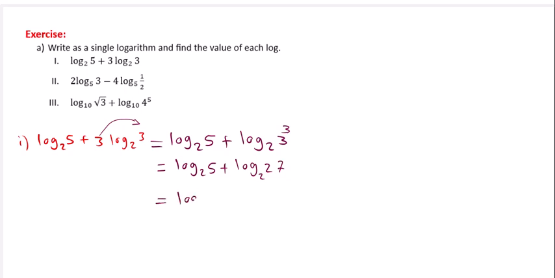It will be log to base 2, and the argument will be 5 multiplied by 27. And for this one, I need to use the calculator. So this one will be log to base 2 of 135. And let's use a calculator to find it out.